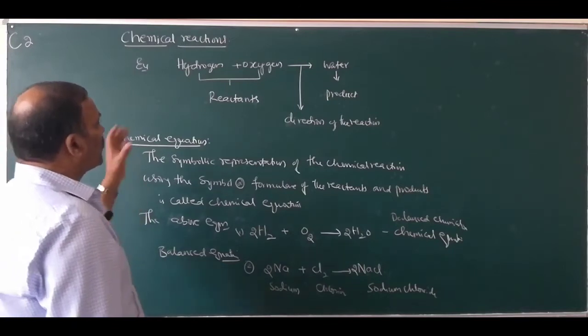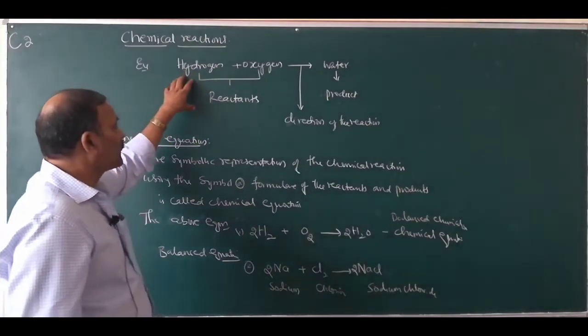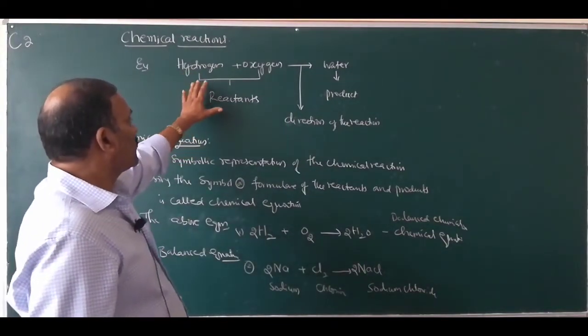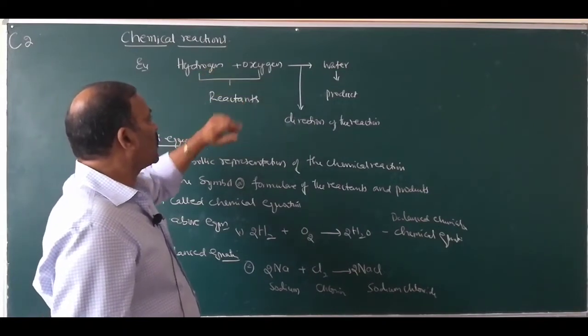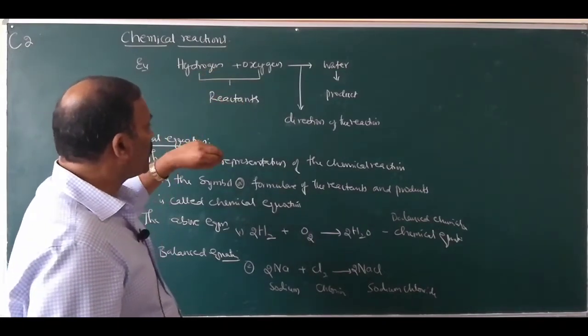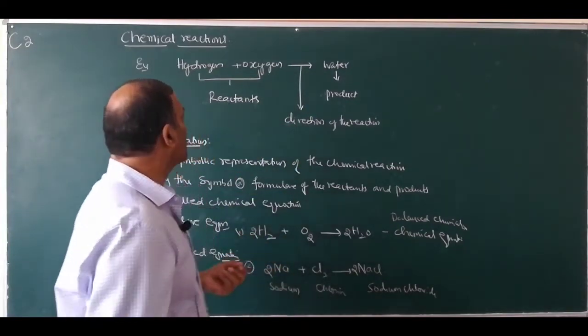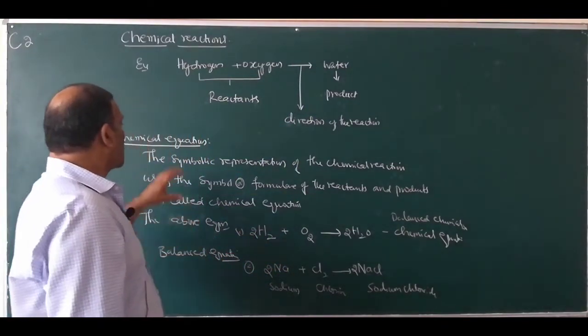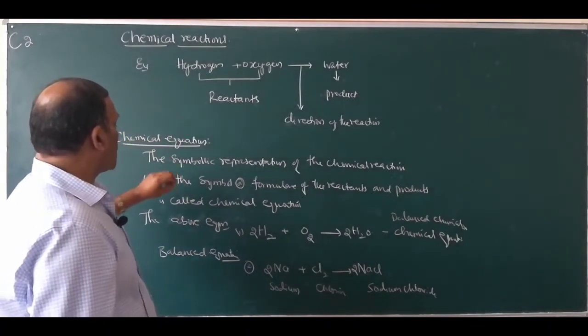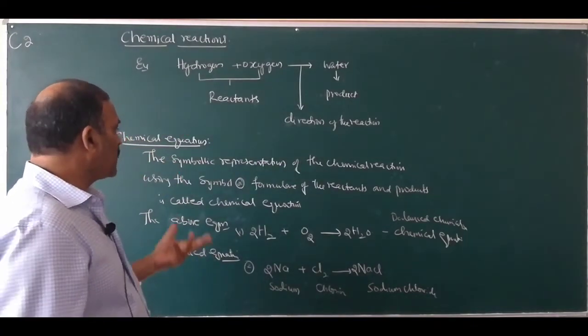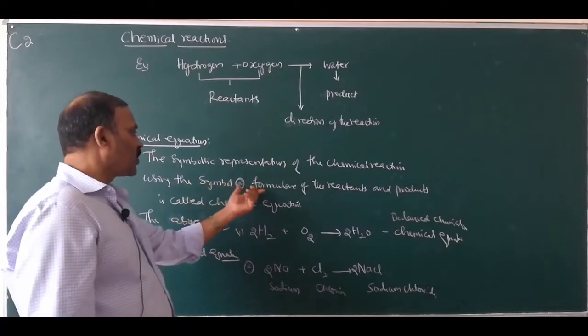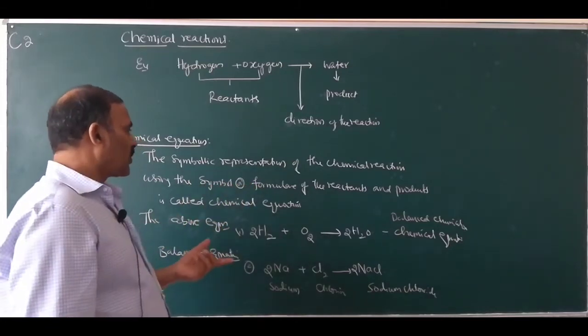So what is a chemical reaction? The interaction between 2 or more elements or compounds to give a new substance is known as a chemical reaction. Chemical reactions are represented symbolically using the symbols and formulae of the reactants and products.